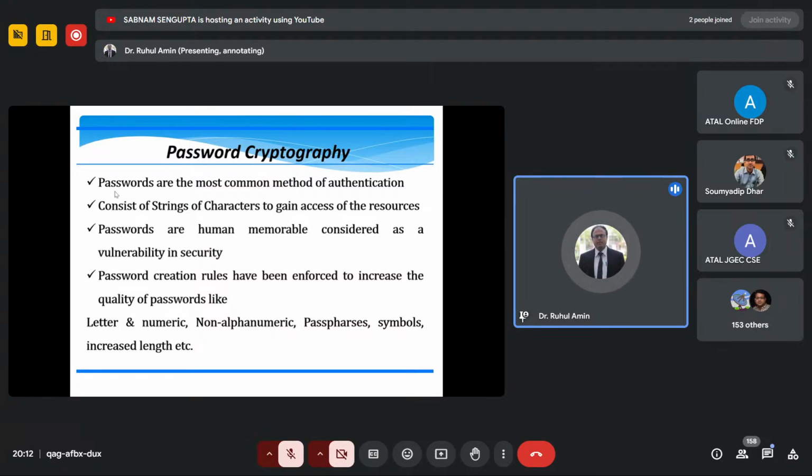And once it is leaked, it will be very easy for the attacker or adversary to break your system. That's why the password is the most confidential, most sensitive information, and we should provide higher level security to it.